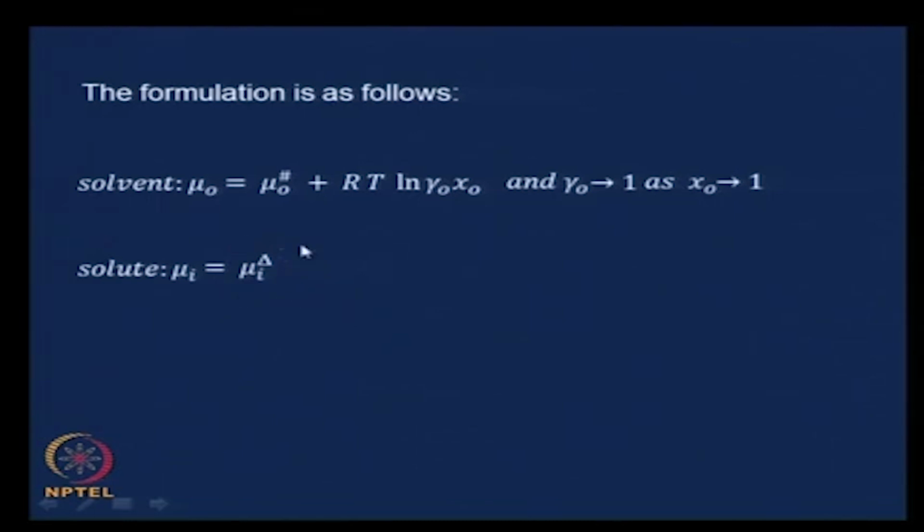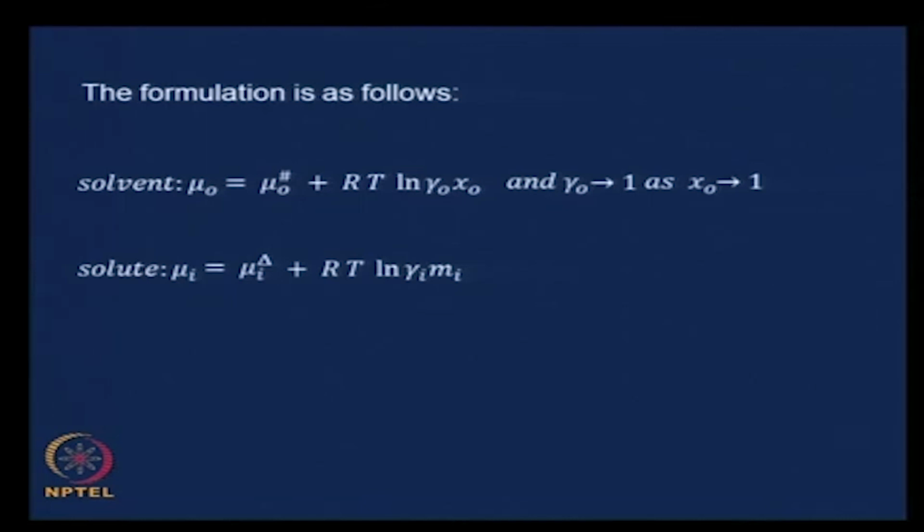This is based on molality, moles of the solute by the mass of the solvent, plus RT ln gamma i mi, this is in molal units, and the activity coefficient gamma i tends to 1 as mi, the molality, tends to 0. Let us call this equation 669.